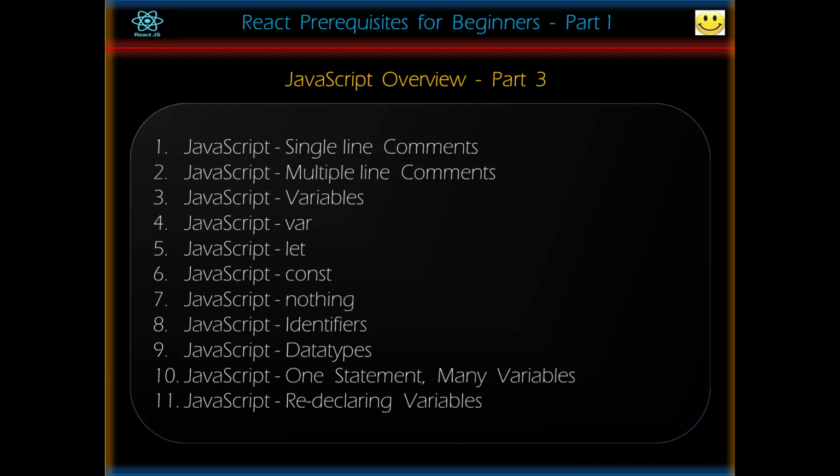In the next lecture, JavaScript overview, part 3. In this lecture, we will learn about single line comments, multiple line comments, variables, var, let, const, nothing, identifiers, data types, one statement, many variables, redeclaring variables.